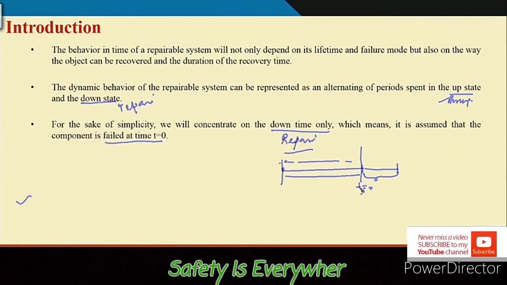So we are concentrating only on a failed component that is being repaired, and we are interested in several characteristics and parameters of that process, from the start of repair to the completion of repair. Now we will generate a random variable which will be the time between start of repair and end of repair, which is the time to repair.